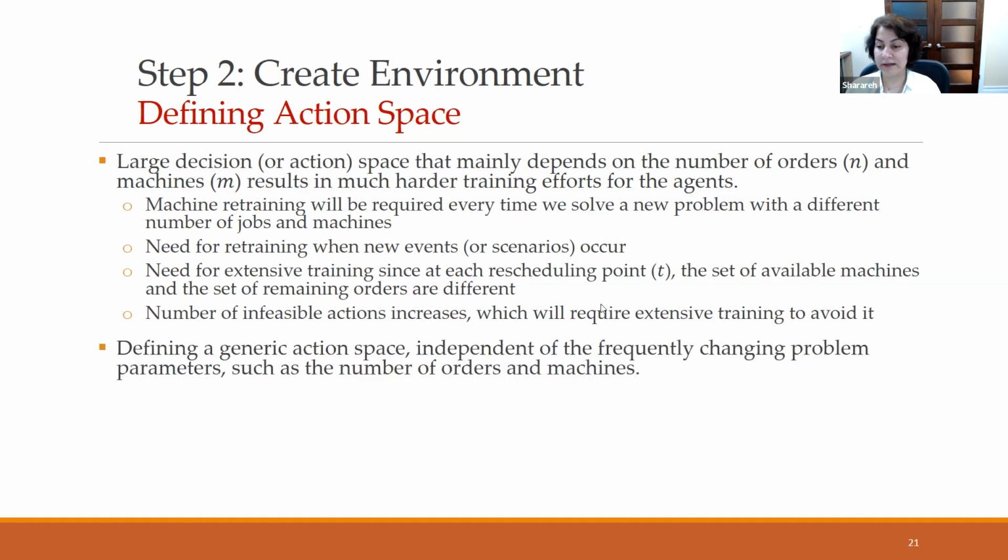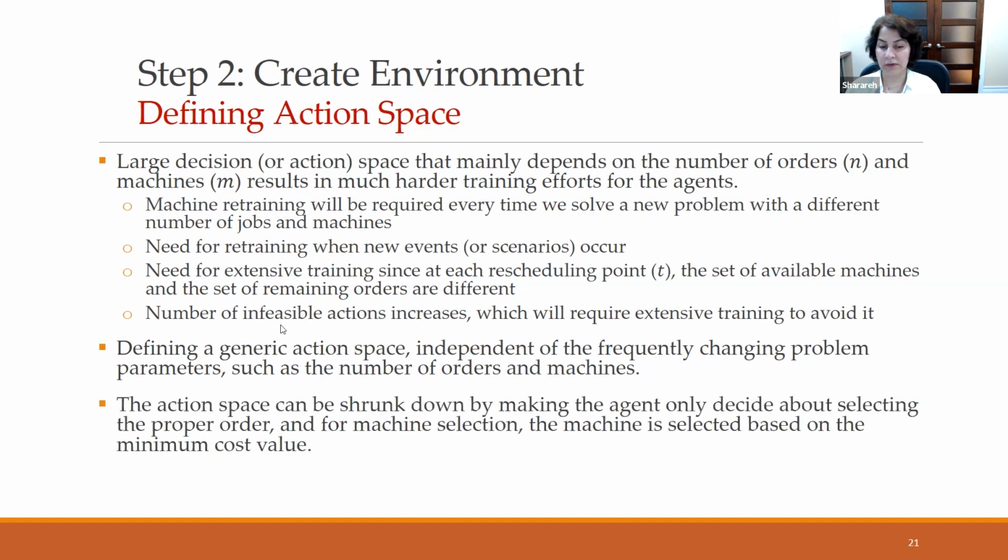So to avoid that problem, what we are proposing is to limit the action that the agent needs to select from. Here the action only needs to decide about the proper order and the machine that the order needs to be assigned to.